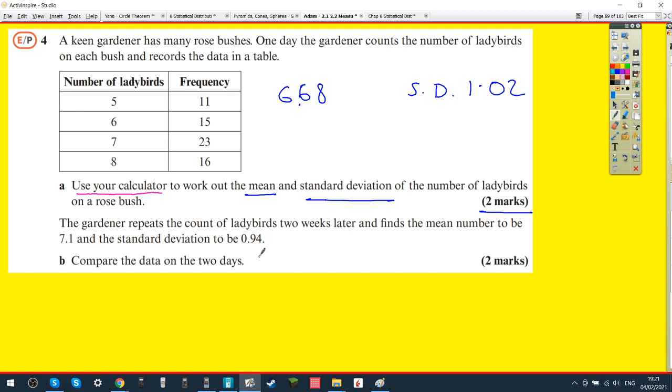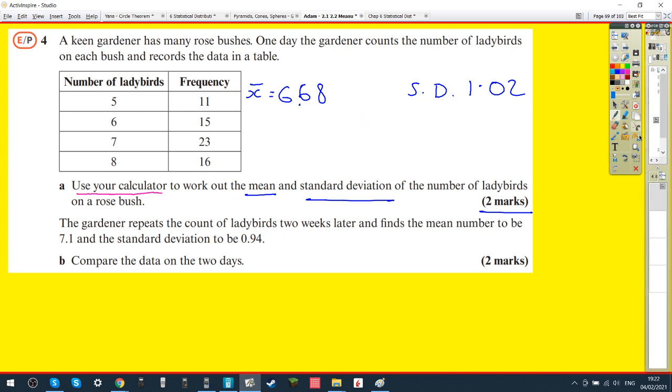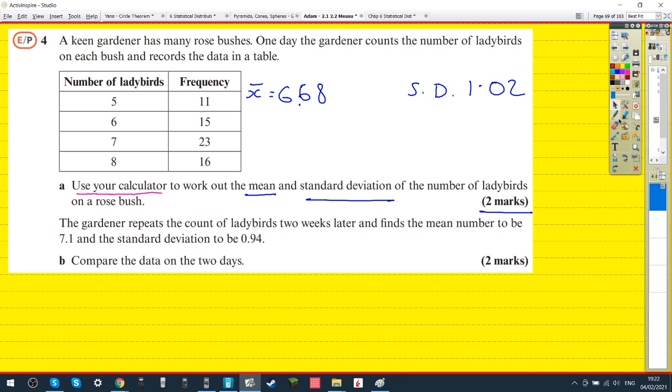Okay, part B. So the mean number of ladybugs went up, but the standard deviation went down.